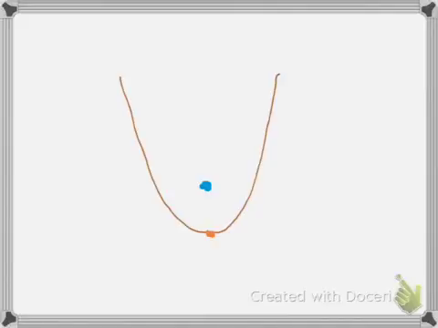Each parabola has a focus and a directrix. The directrix is a line that is perpendicular to the line of symmetry. And the distance from the focus to a point on the parabola and the directrix to a point on the parabola are the same.